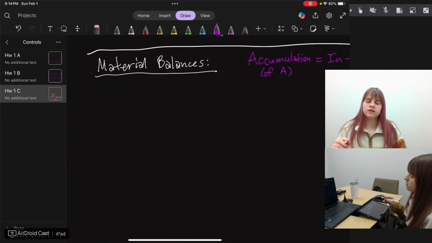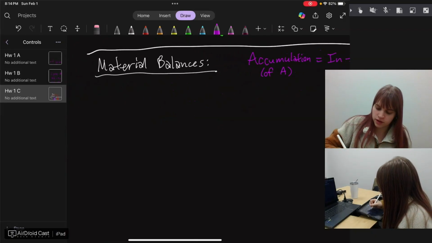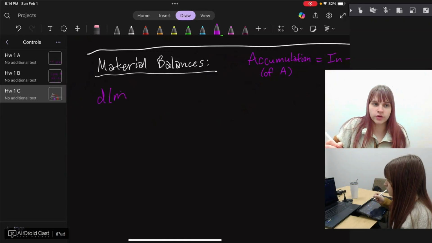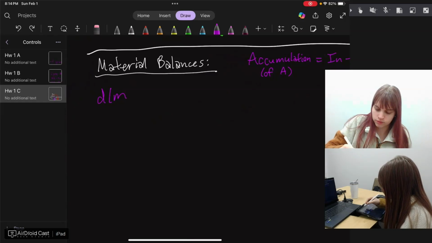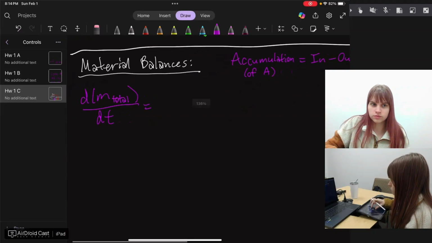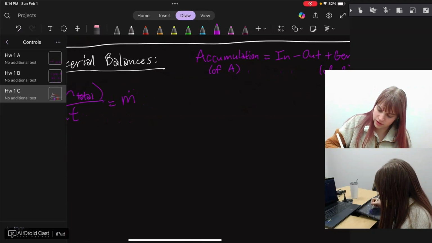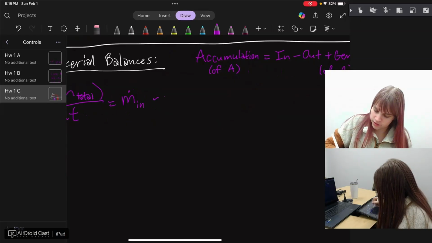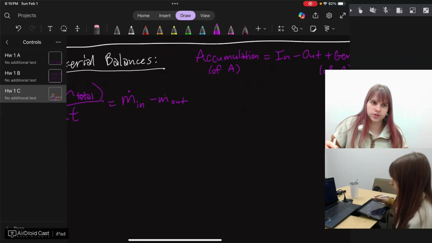So for material balances, what we want to focus on is the change in the mass flow rate: the mass flow rate in minus the mass flow rate out.